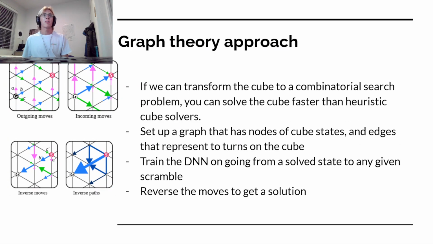So here's the graph that we're going to transform the cube into. For each state of the cube, which is like the scramble, all outgoing edges just correspond to a certain move.